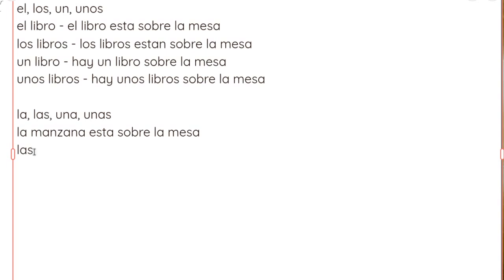Just add the S. Las manzanas están sobre la mesa. Las manzanas están sobre la mesa. The apples are on the table or over the table.